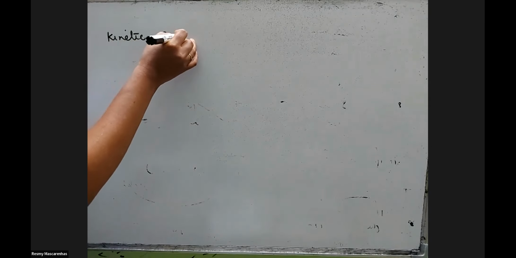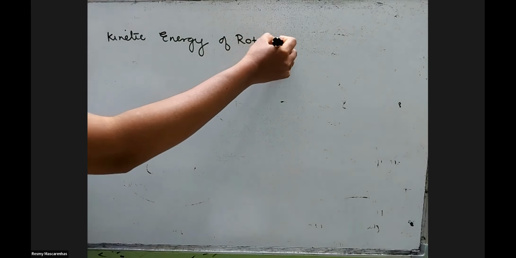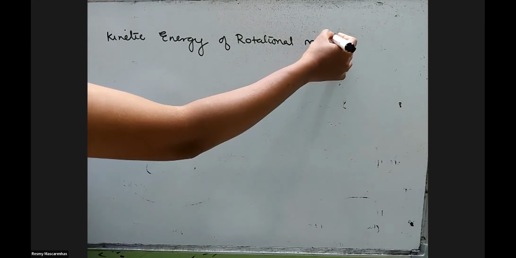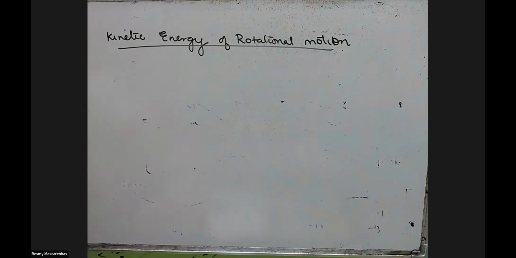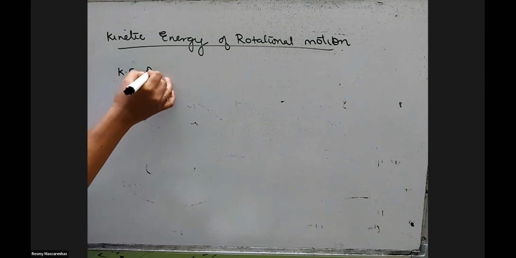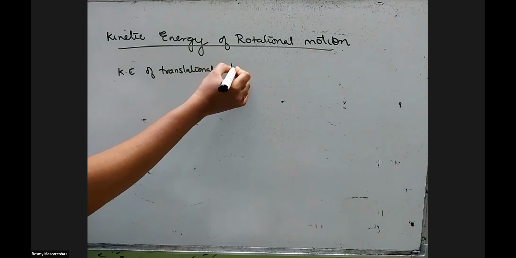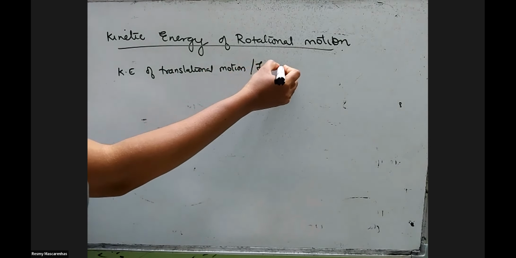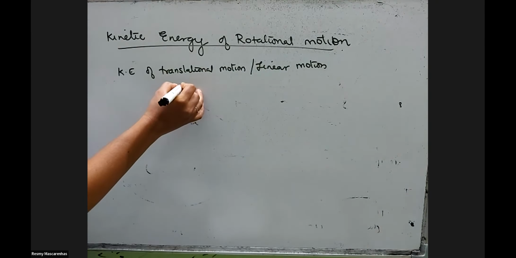Next we'll see what the kinetic energy is. Kinetic energy of translation motion everybody knows, or in linear motion, K is half mv square.